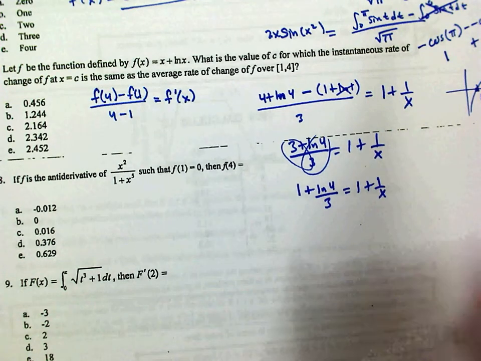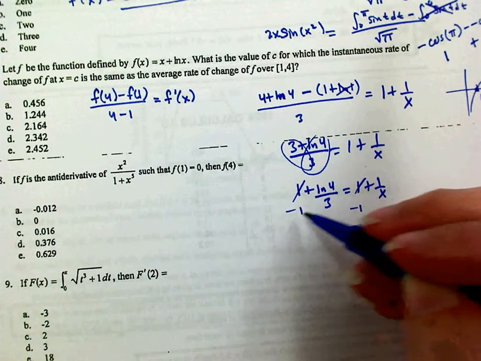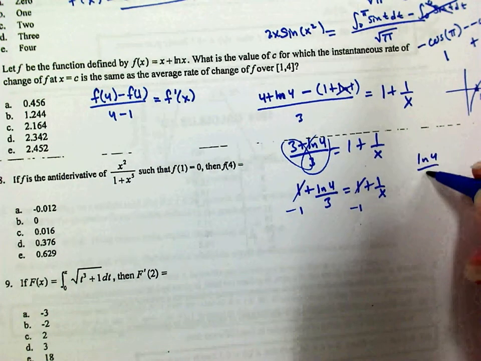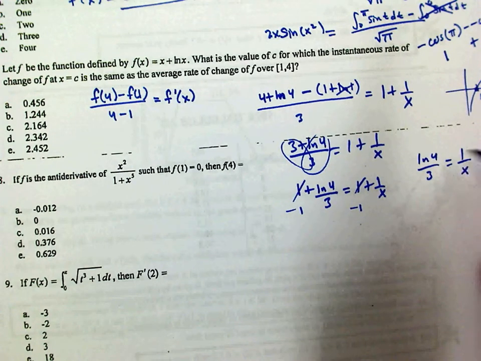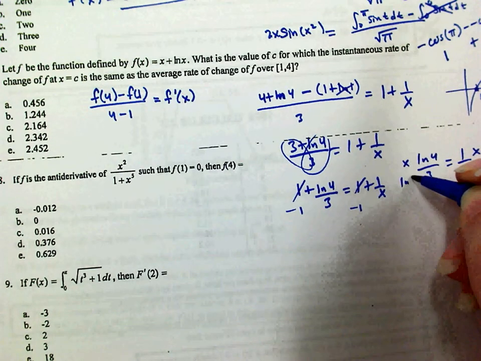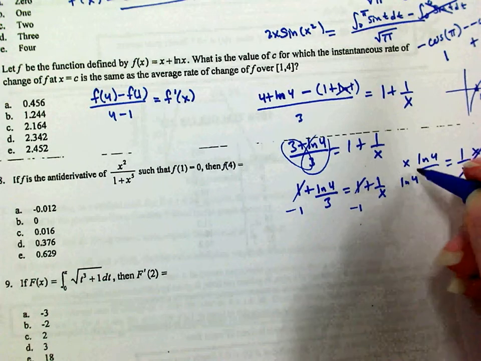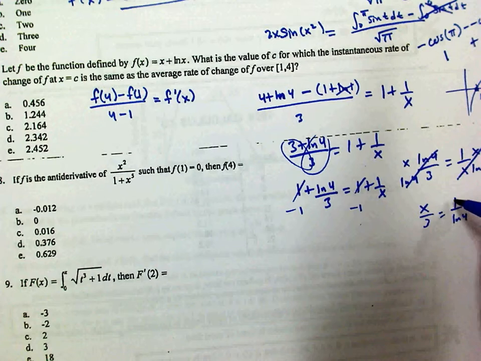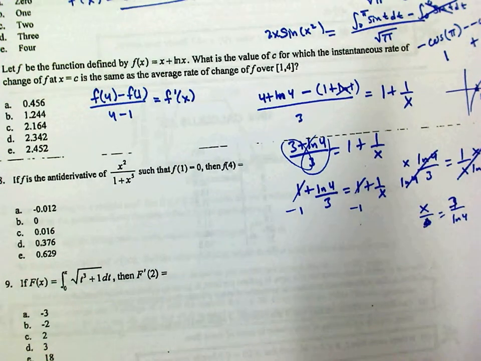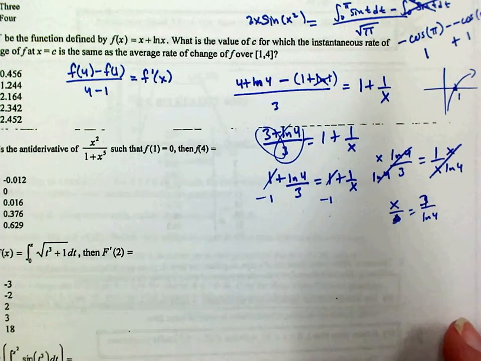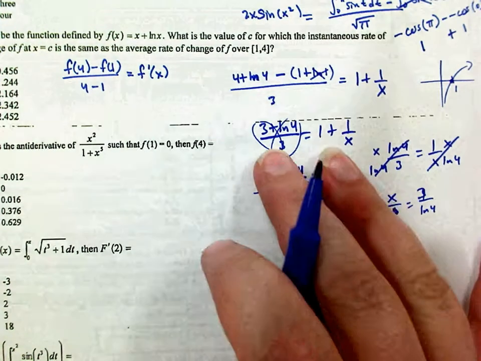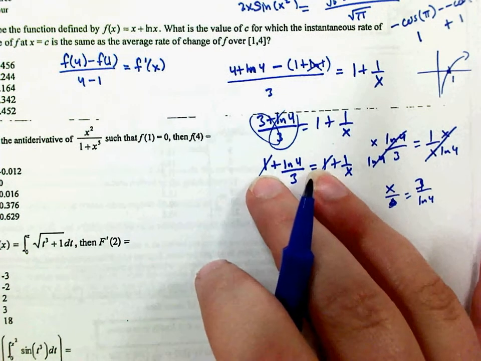So then the 1's cancel out, and then you're just asking yourself, if you have ln of 4 over 3 equals 1 over x, can't you just multiply by x and then divide by ln of 4? And say x over 3 equals 1 over ln of 4 multiplied by 3, and you got it? Whatever 3 divided by the ln of 4 is, right? Okay. But as far as having a calculator, I'd probably just graph that. Or I would ask my 89 to solve that equation. Because it would do it.